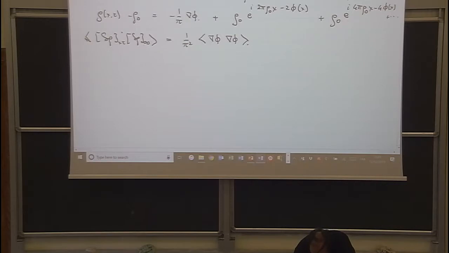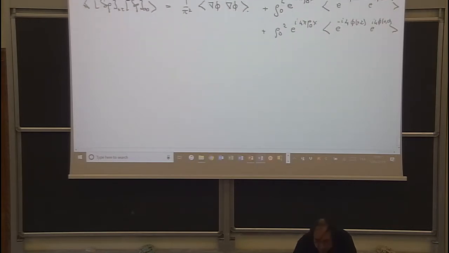So I will get something like plus rho 0 squared, exponential of i 2 pi rho 0 x, average of exponential of i 2 phi of x and tau, and there should be a minus here, exponential of i 2 phi of 0, 0. And then I could get the rho 0 squared, exponential of i 4 pi rho 0 x, with the same thing, but this time with an exponential of minus i 4 phi of x and tau, exponential of i 4 phi of 0, 0.